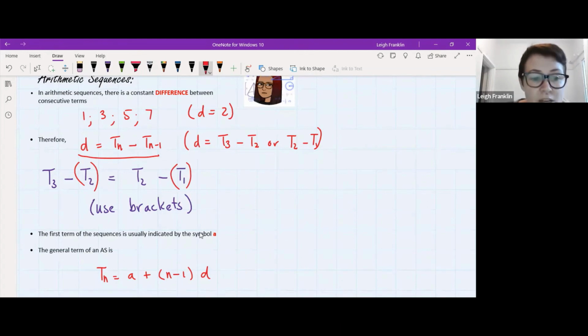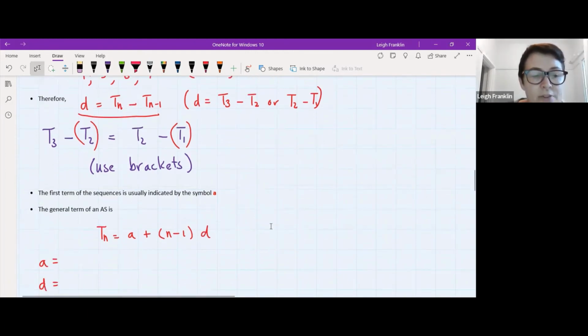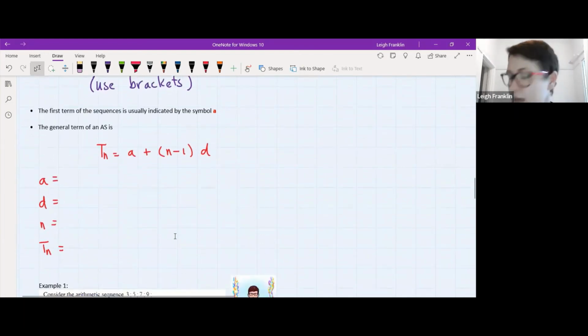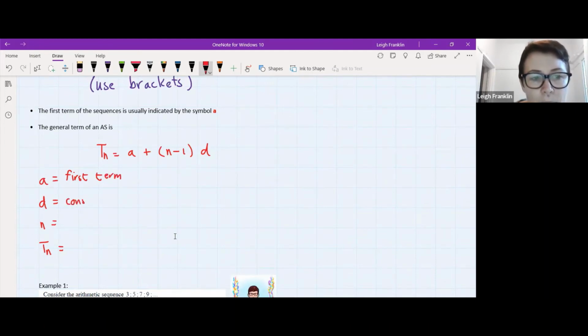The first term of the sequence, we always use a letter A to represent the first term of the sequence, and the general term of an arithmetic sequence is Tn equals A plus (n minus 1)d. Okay, so A is the first term. The first term, indeed it is. And D is the common difference.